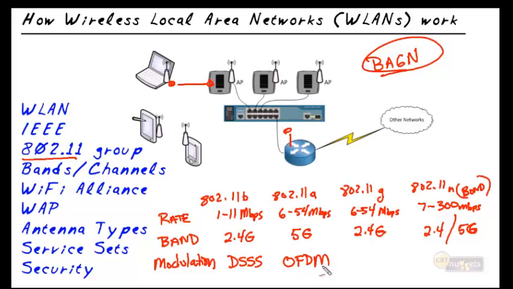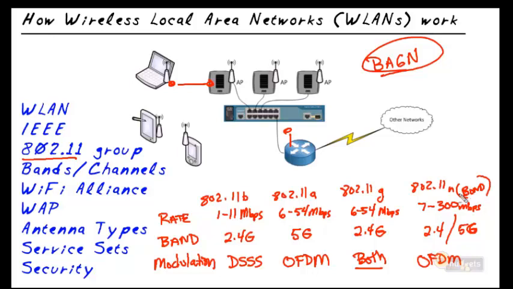Again, just the acronym is enough. For G, it could use both, meaning DSSS and or OFDM. And for 802.11n, it uses OFDM. It's all behind the scenes, nothing that we have to configure, but it's how it encodes the data, the bits, if you will, onto the frequencies.